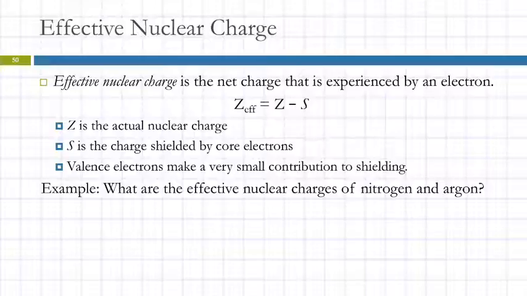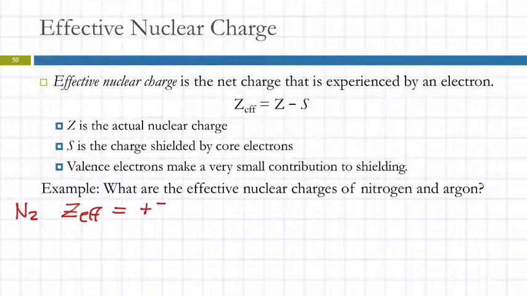So if we look at nitrogen, what is the effective nuclear charge for nitrogen? So the actual nuclear charge is 7, right? So it's got +7. And then how many core electrons does nitrogen have?